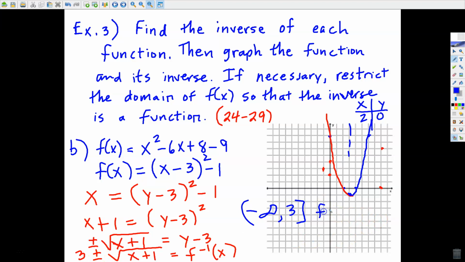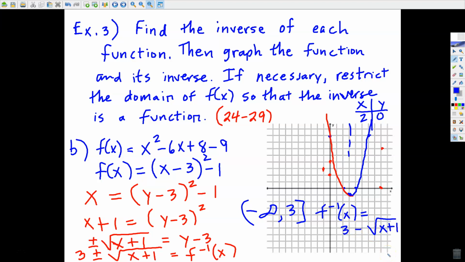So we're going to attach that one to 3 minus, back up, trying to squeeze it in, and so this is for the inverse part, that is 3 minus the square root of x plus 1.